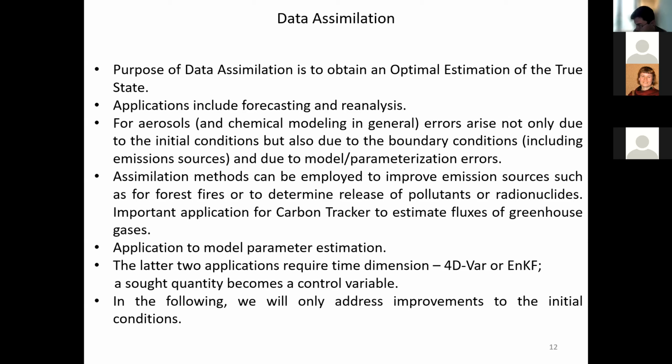Also important are applications for CarbonTracker to estimate fluxes of greenhouse gases. So in general, the estimation of parameters requires time dependency. Such methods as 4D-Var and the EnKF, the ensemble Kalman filter, I will talk a little bit about next. But we will cover mostly the initial conditions in this talk.